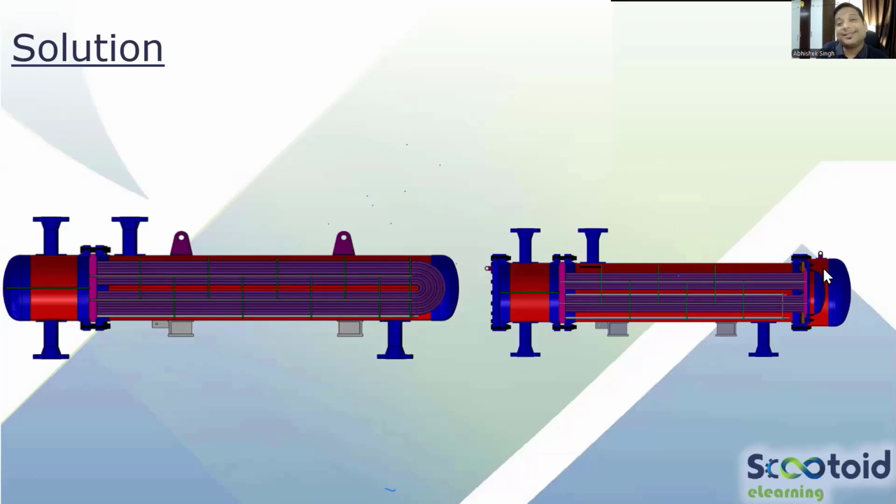In floating, the internal head, the right hand side, which we call the floating head, is floating. It is not connected with the shell. Okay. So it can move around. So it's free to expand. And that is how you don't need any bellows for that.